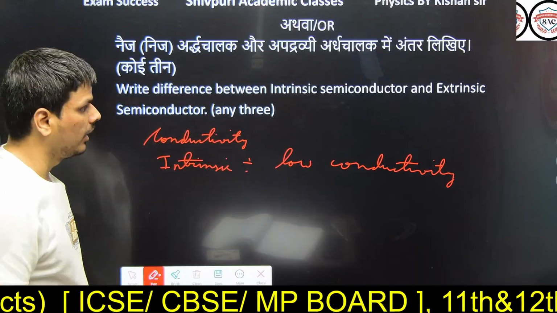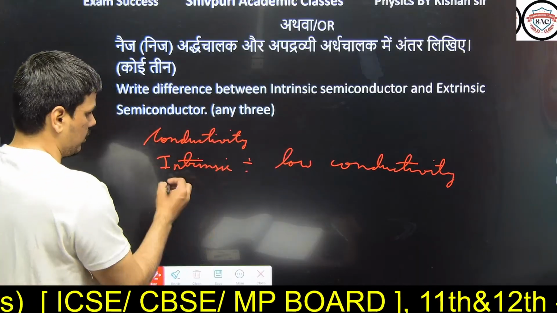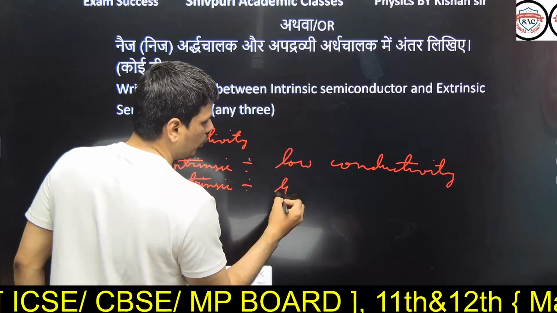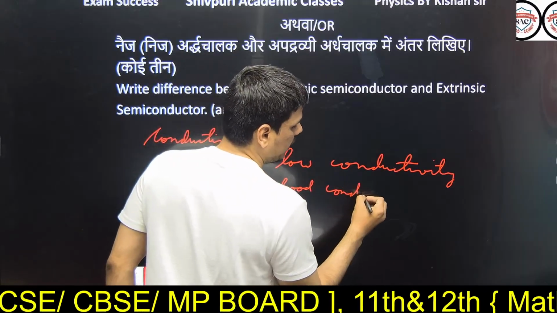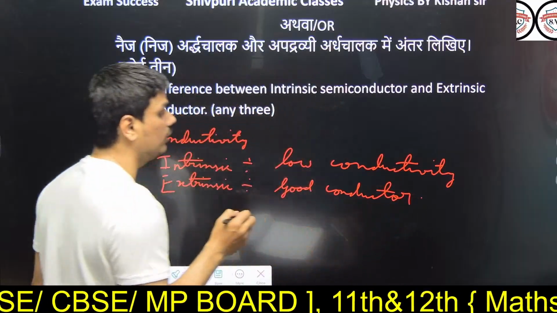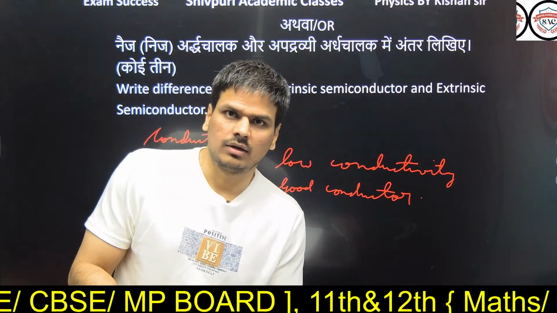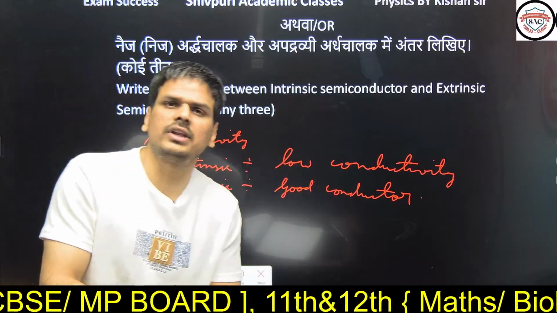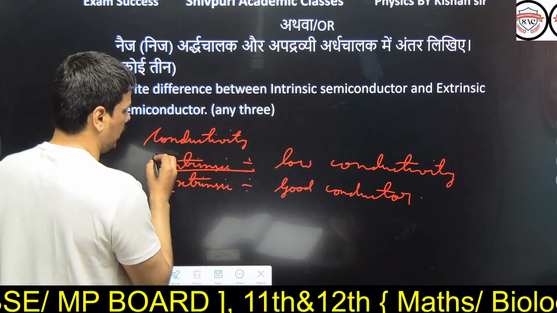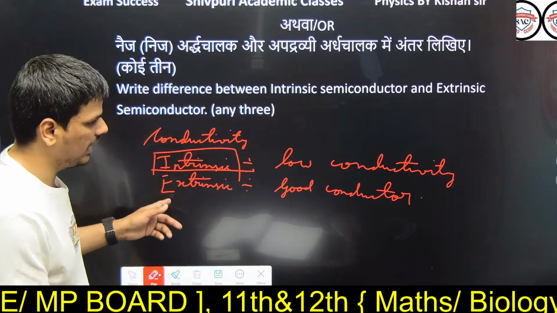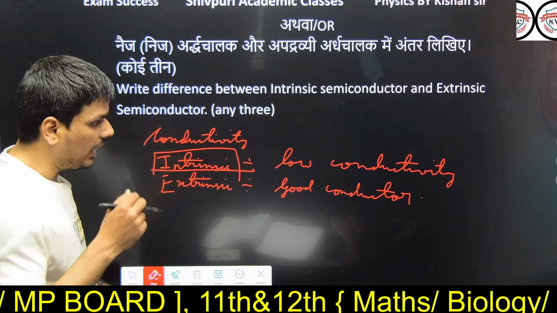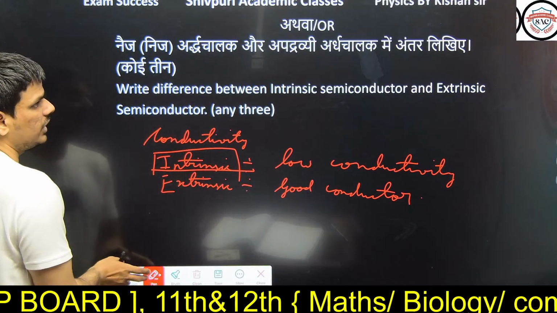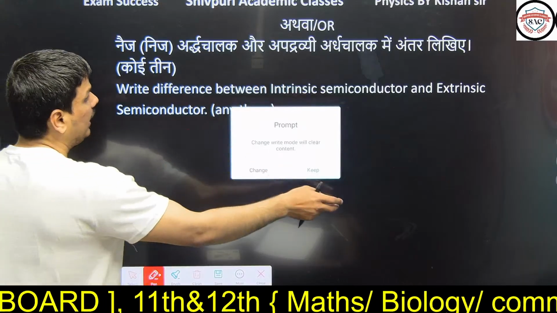Extrinsic semiconductors are generally good conductors because of the additional charge carriers, and they are less dependent on temperature compared to intrinsic semiconductors. So these should be our three key differences.